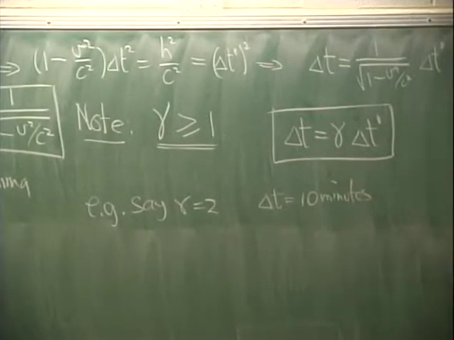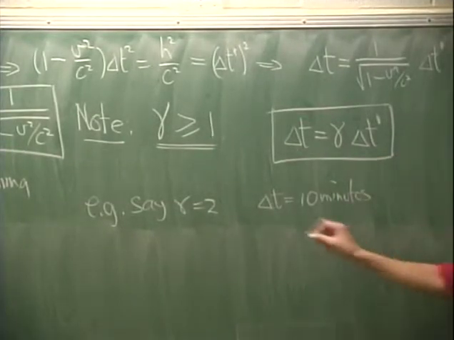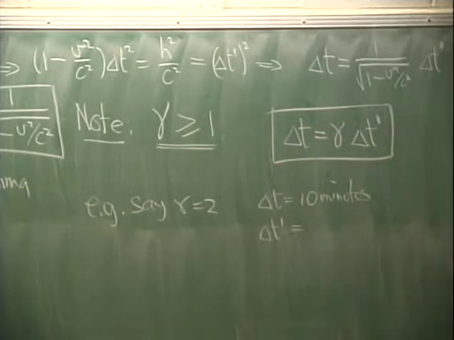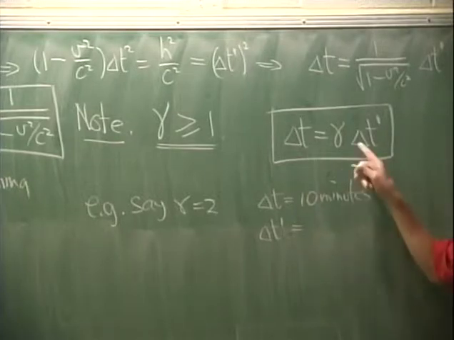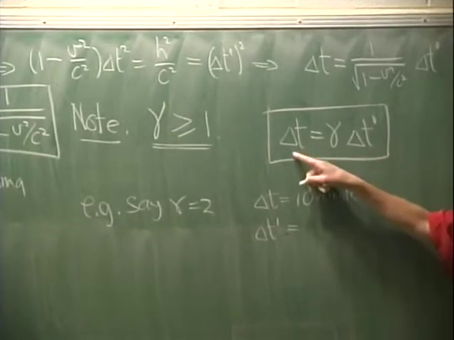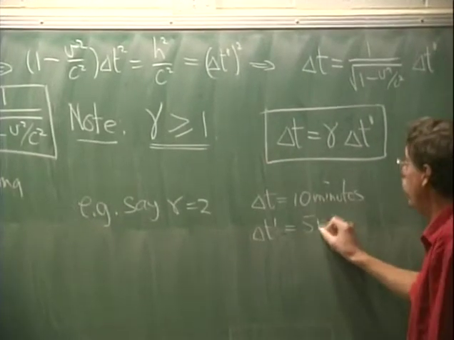Then what would delta t prime have been? It would be 5, isn't it? No, you've got to multiply the delta t prime by 2 to get 10, so this would evidently be 5 minutes.